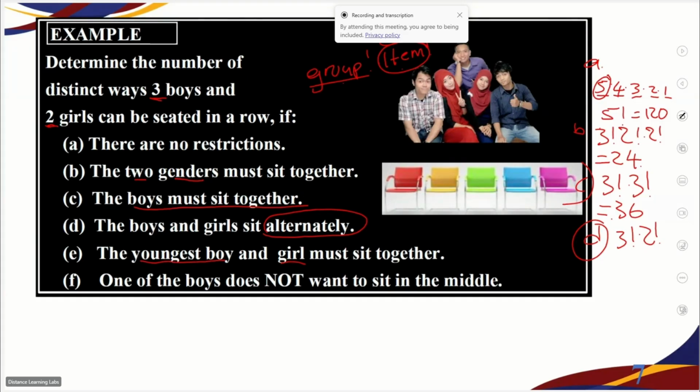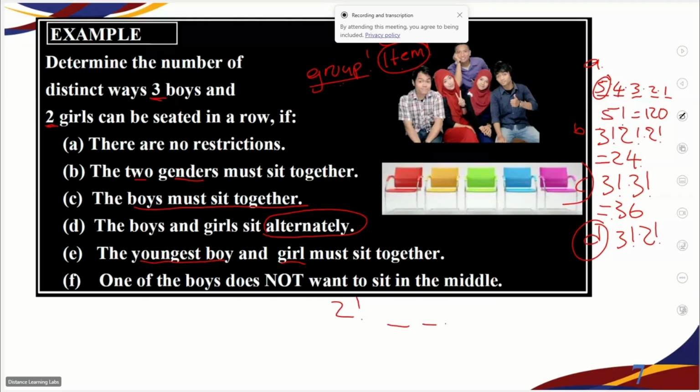How many learners are we grouping? We are only grouping 2 learners. That means our group factorial for letter E would be 2 factorial. That 2 factorial is for the boy and the girl. Then we treat that as 1.